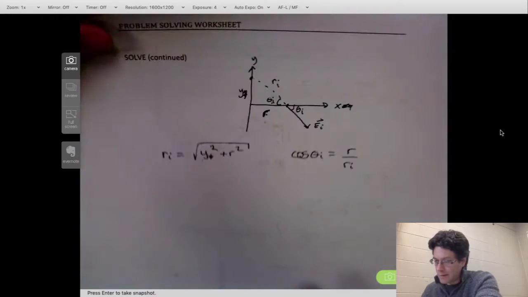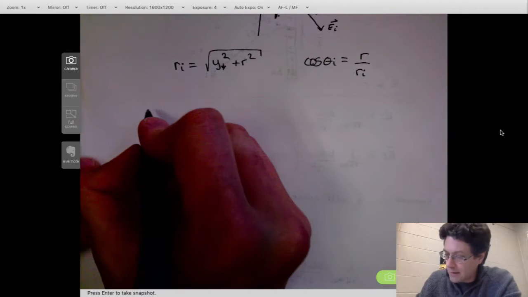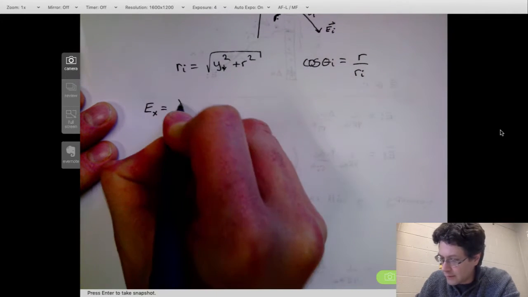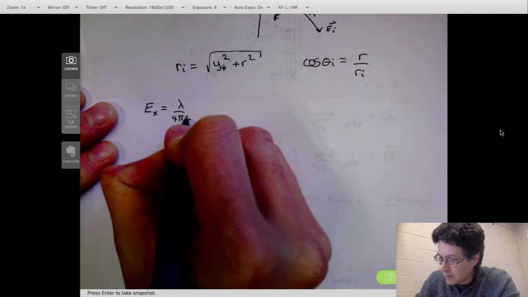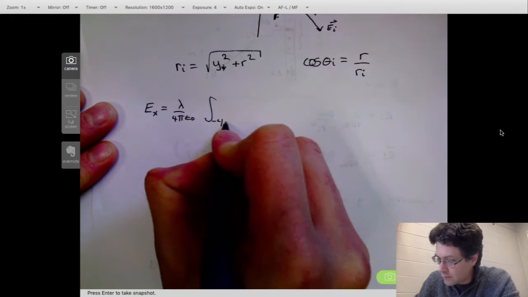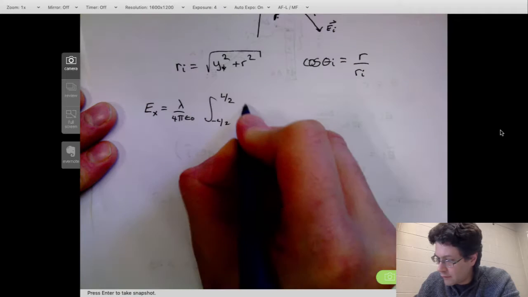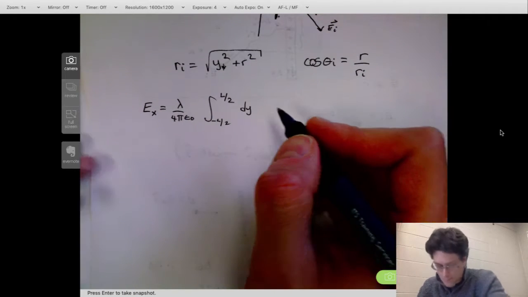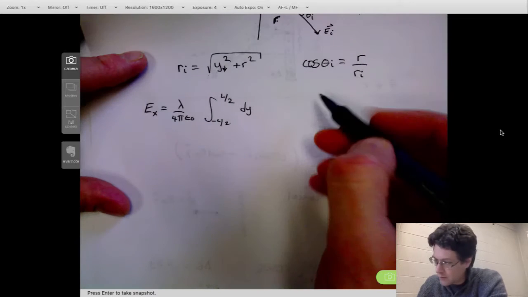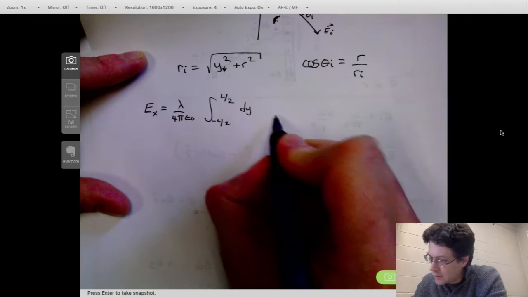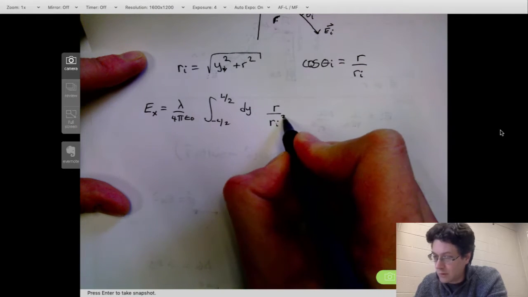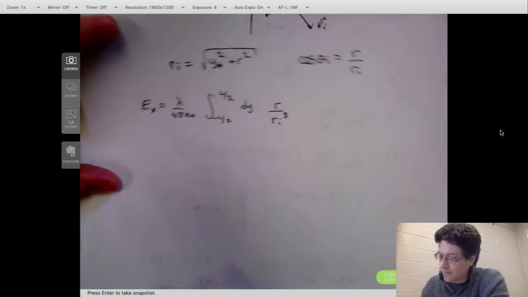So when I rewrite that all together, the electric field in the x direction is equal to a constant times an integral from minus L over 2 to L over 2 of dy, times cosine over the square, so that's r over ri cubed.